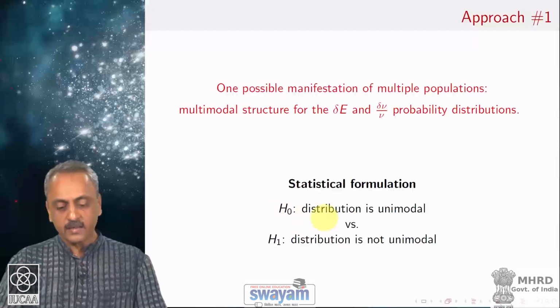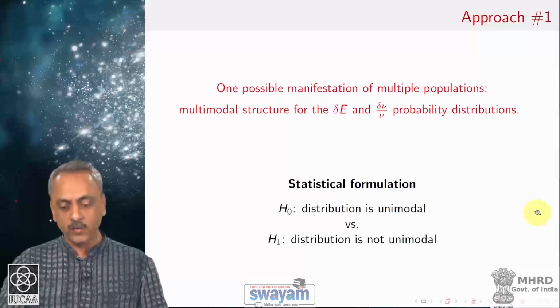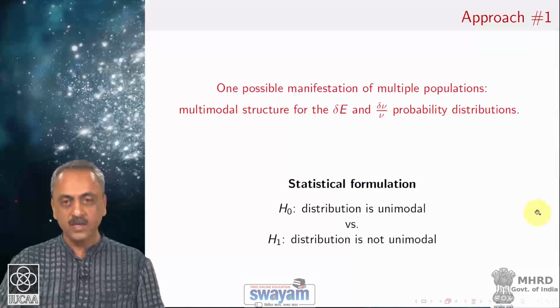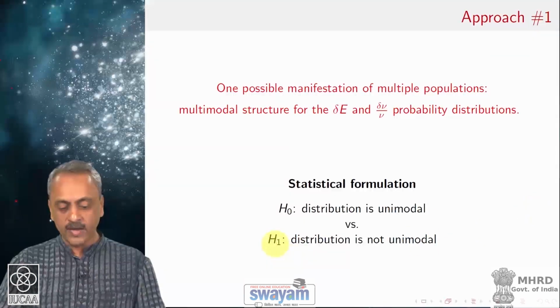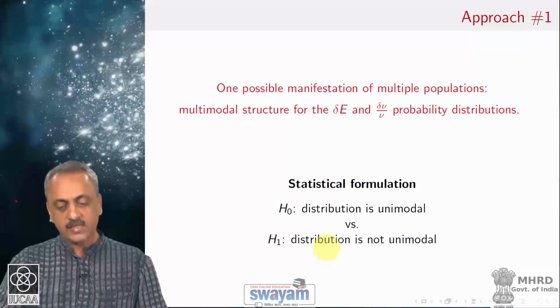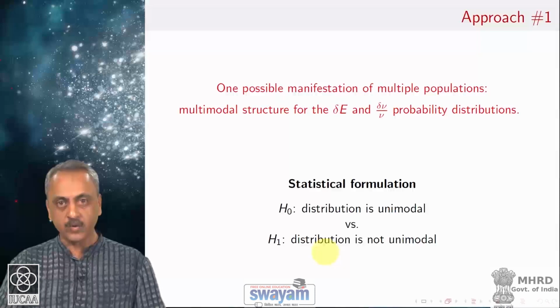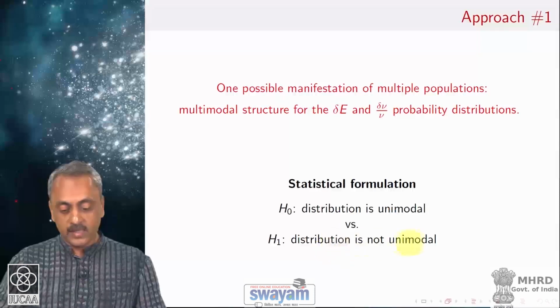Let us say that the null hypothesis states that the distribution is unimodal. We have no reason to expect that there is more than one mechanism. Against that, the alternate hypothesis, typically denoted by H 1, says that the distribution is not unimodal, it is multimodal.